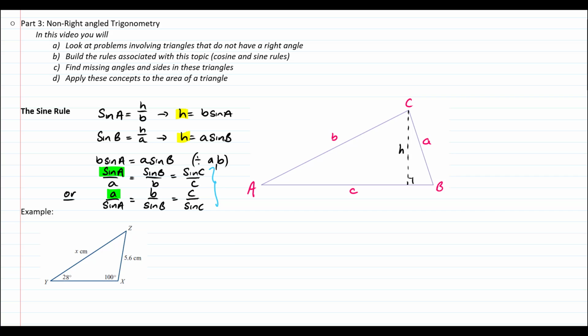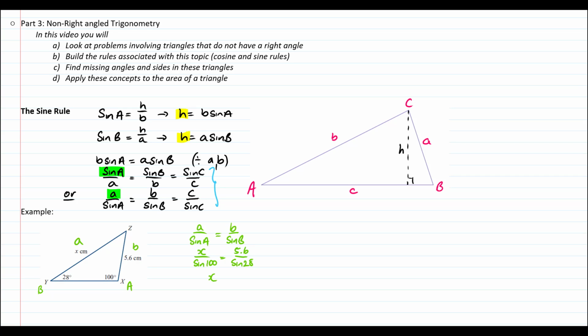So here is my A, B, and C. First, there's my missing side A, which means that the opposite side is capital A. And here's my other side that I know, which means the opposite angle is capital B. And of course, this leads to A over sine A, because I'm missing a side, is equal to B over sine B, which gives me x over sine 100 is equal to 5.6 over sine 28.